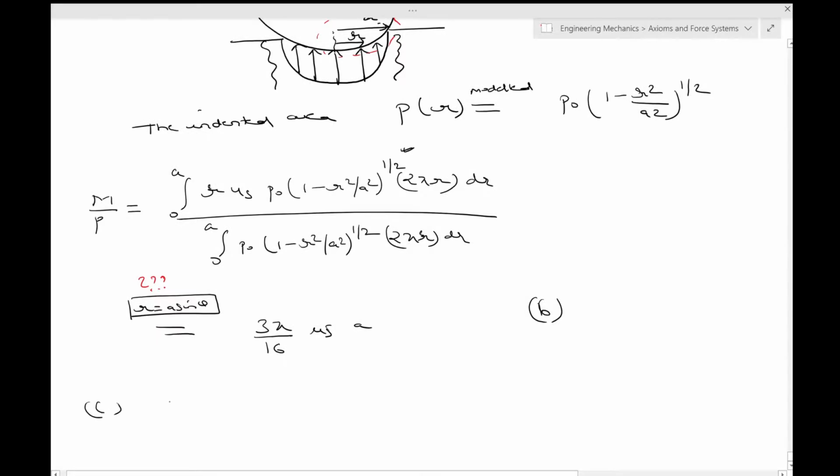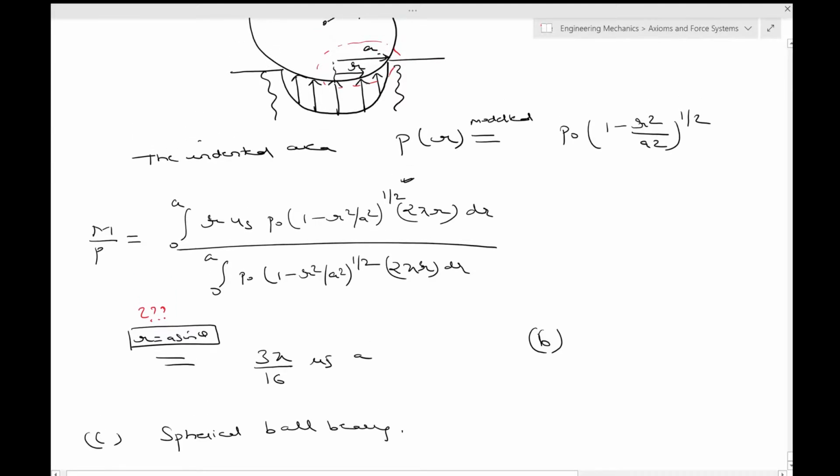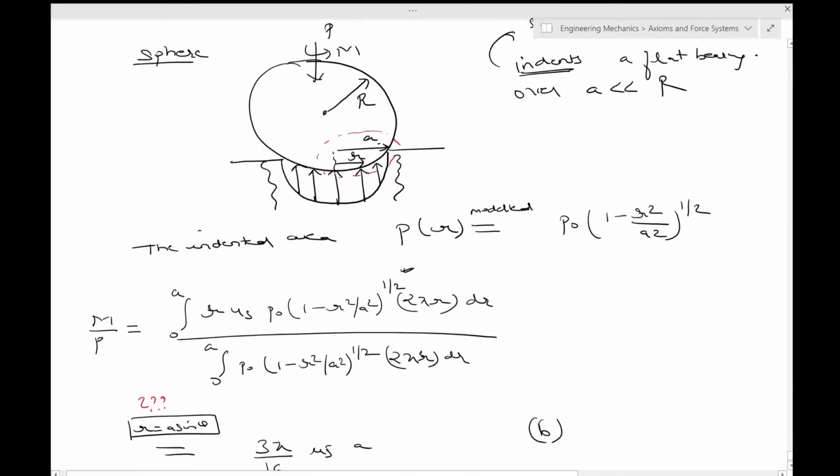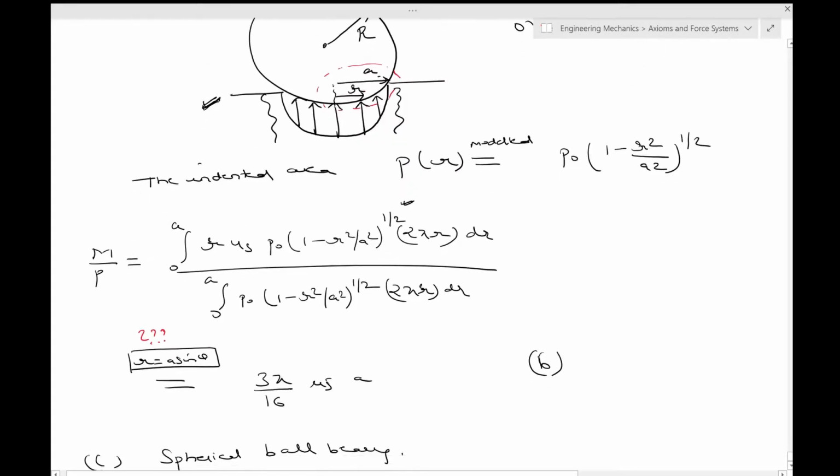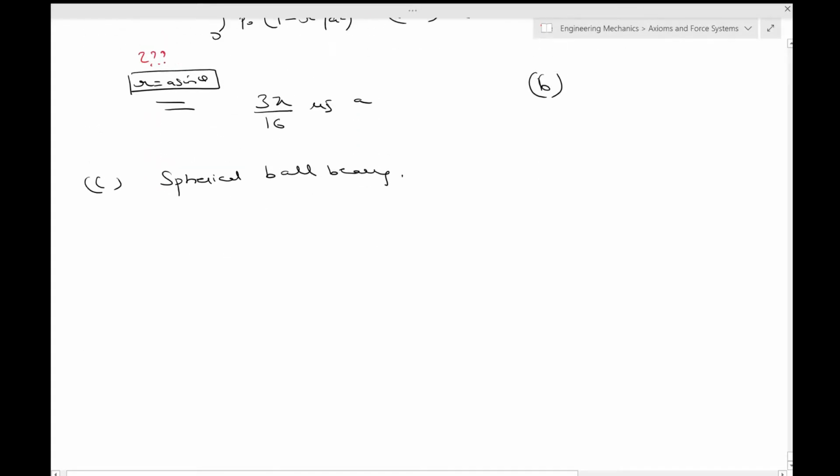Now let's take the example of a spherical ball bearing. So this was a sphere which was kept over a flat bearing. Okay, so this is a separate example. Now what we are seeing is this body 1 is a sphere.